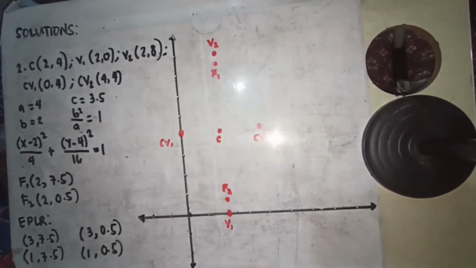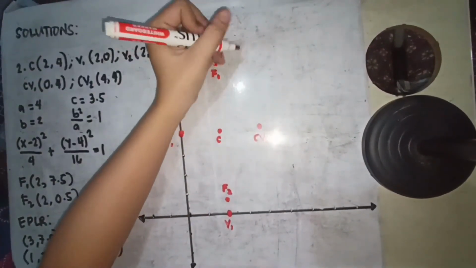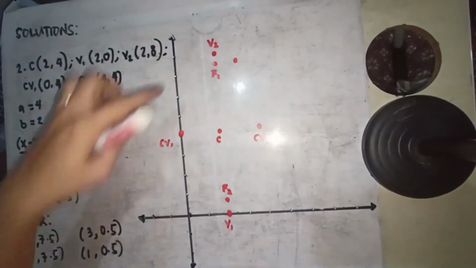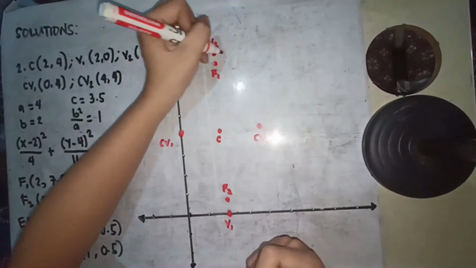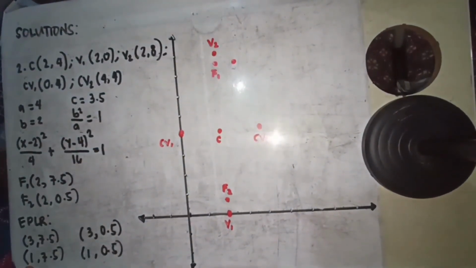Next, our EPLR. First set, we have 3 and 7.5. So, 3, 1, 2, 3, and 7.5 naa siya diri. Next, we also have 1 and 7.5.